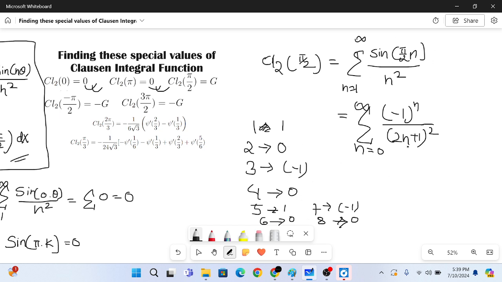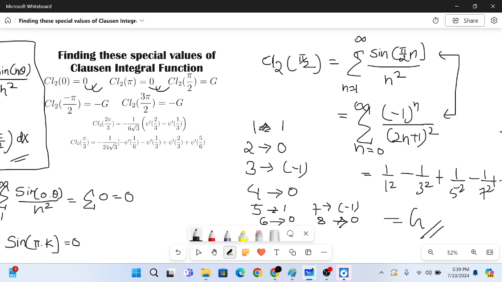For odd terms, for 1 this is positive 1, for 3 this is negative 1, for 5 positive 1, so these two sums are the same. Now we know that this sum is actually just Catalan's constant: 1 by 1 square minus 1 by 3 square plus 1 by 5 square minus 1 by 7 square, and so on. That's why we get this as G. Do you get it? Okay, so this one is also proved.